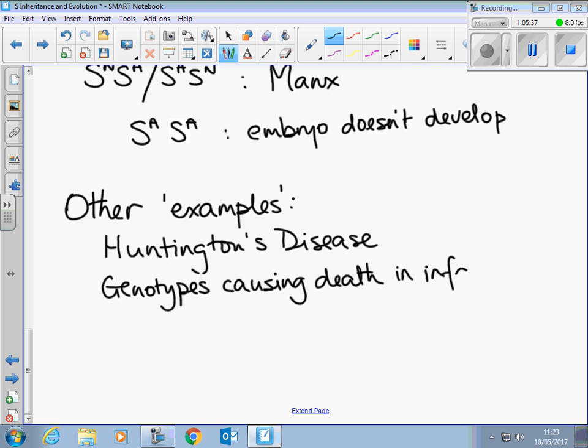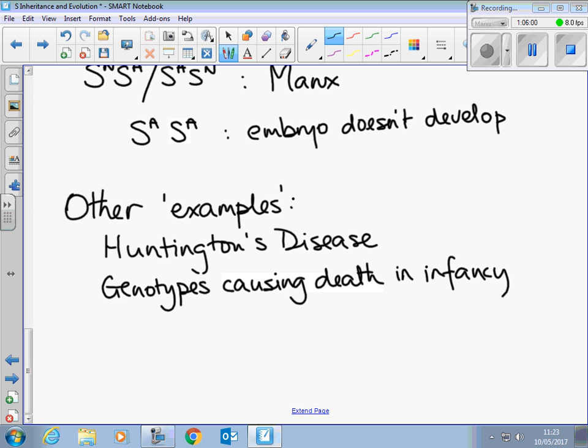So in infancy basically means sort of before puberty, before reproduction, so that those alleles then don't get passed on. And it's sort of evolution, I suppose. It's natural selection that if those genotypes don't contribute to survival, then we lose them. You know, that's the harsh sort of biology of it, isn't it?